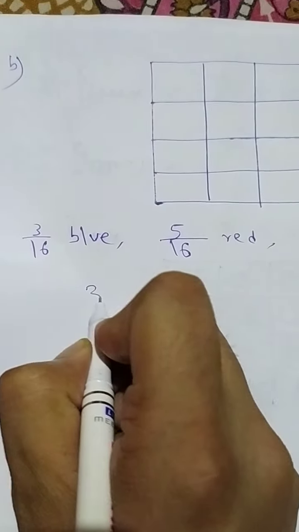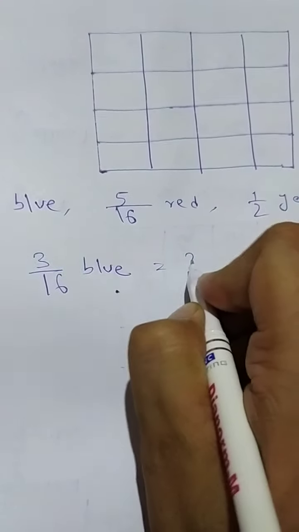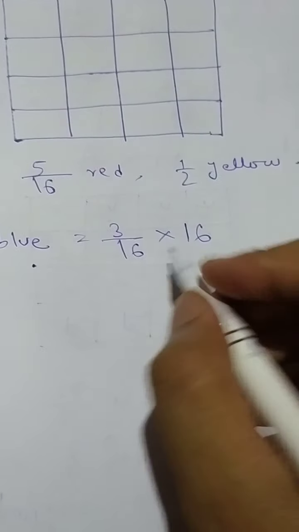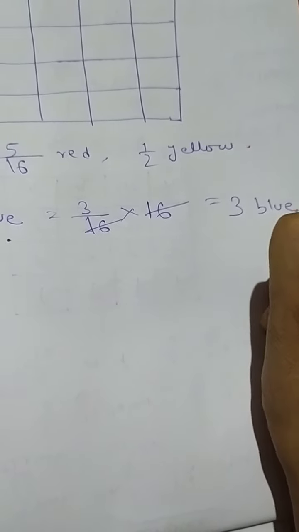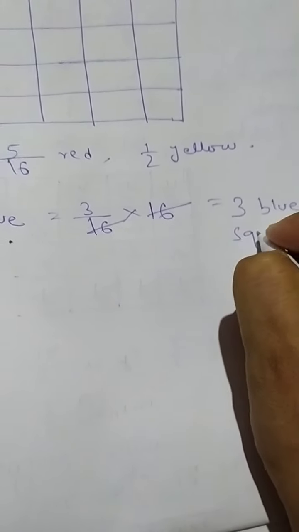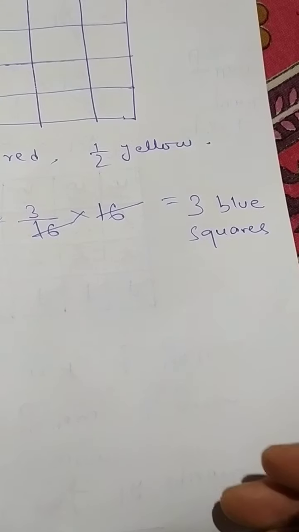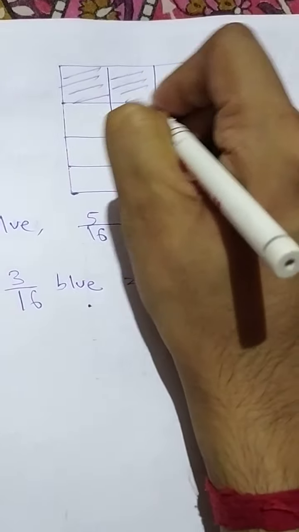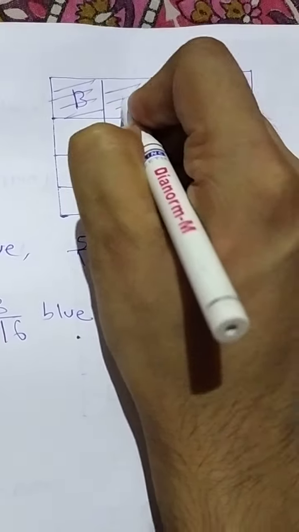So let's solve. 3 by 16 blue means 3 by 16 into 16, because total there are 16 squares. So cancel. So 3 blue squares. So color it. 3, any 3. I am coloring this one. 1, 2, 3. And I am writing here B. B for blue.